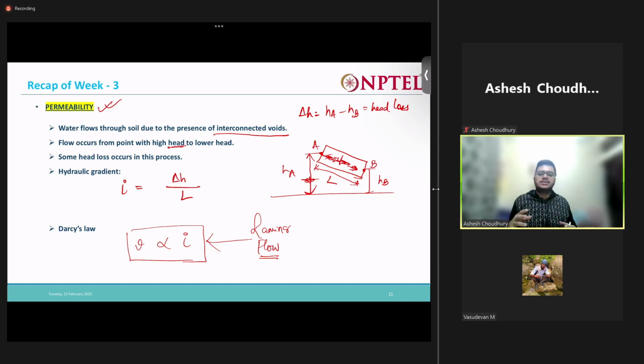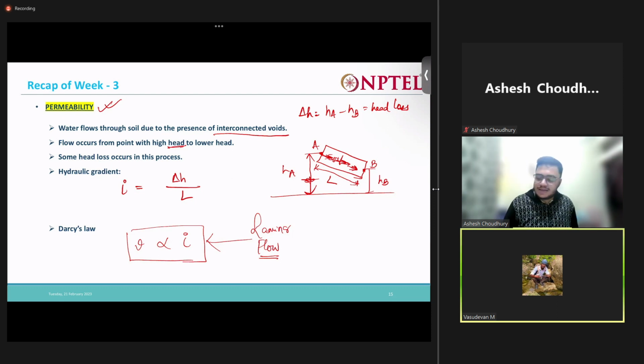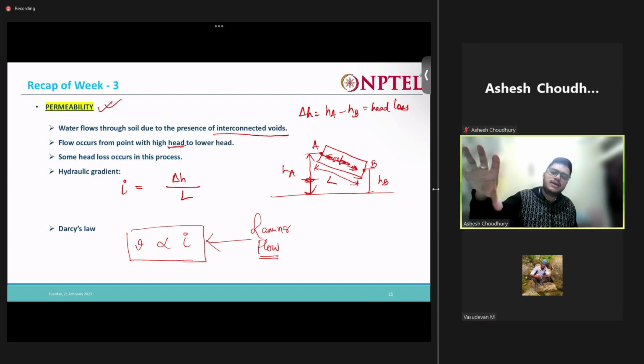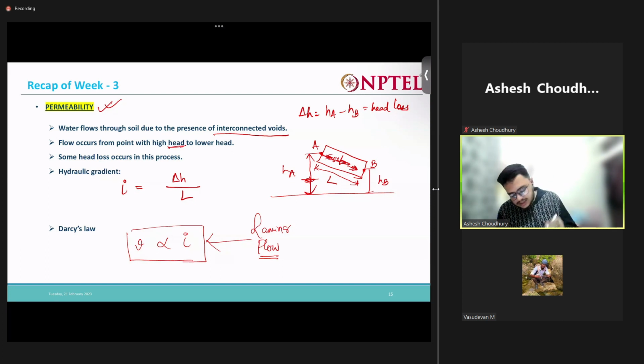There is no intermixing of layers. The opposite of laminar is turbulent. So in laminar flow all the layers of water are discretely flowing. So Darcy's law is only valid when the flow is laminar.